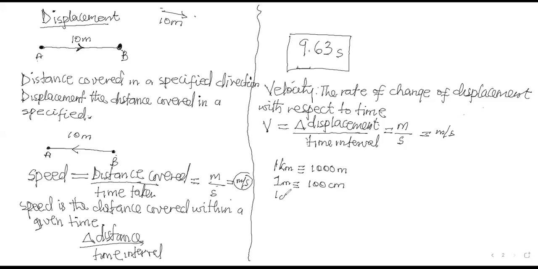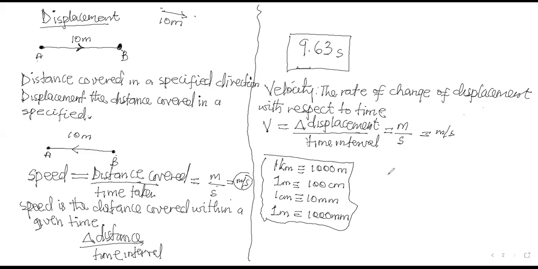Then 1 centimeter is also equivalent to 10 millimeters, and 1 meter is also equivalent to 1,000 millimeters. So please note these conversions or equivalences carefully. I'll be giving problems where you will need to use them.